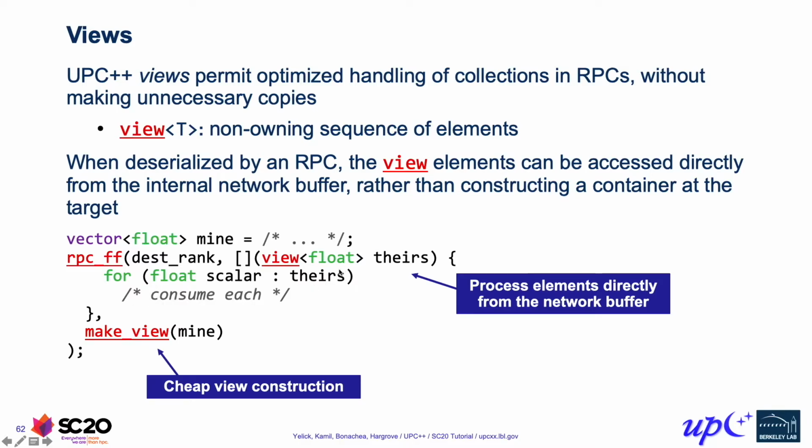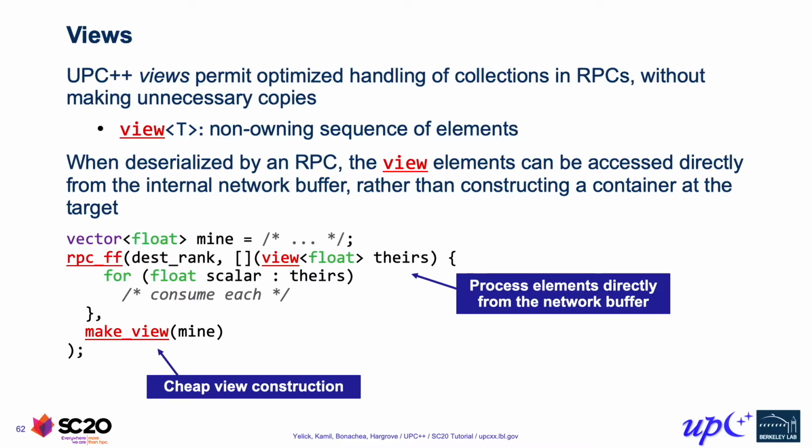If the elements are C-compatible types, they live entirely in the network buffer, and when you iterate over them, it's iterating over the network buffer itself. If, on the other hand, the elements themselves need more complex deserialization, then you can still iterate over them while the byte representations live in the network buffer, but each time you access an element, it performs a deserialization on the fly to give you the reconstituted object.